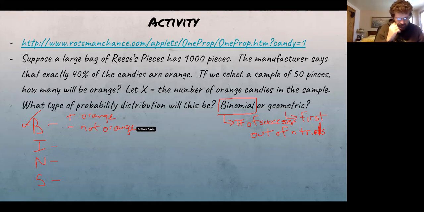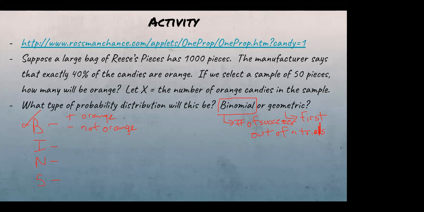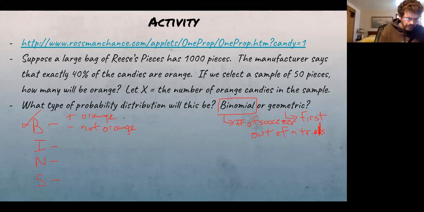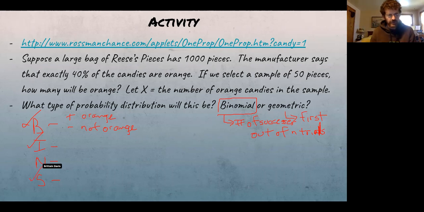All right. Independent. Yeah, it is independent. I think it's fair to say that no matter what you pull for one candy, the next one is not going to be affected by that. And of course, these two, the independent and same probability, I'll go ahead and say that's true.